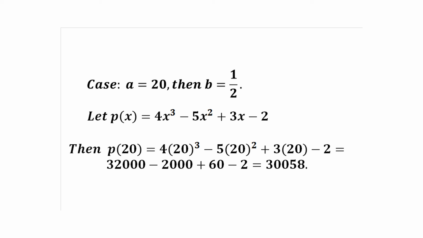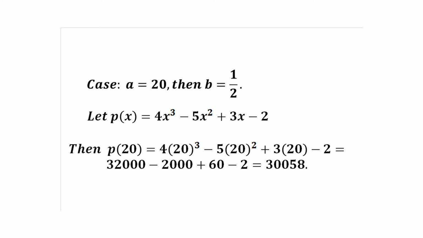Here we have the case a is equal to 20, and then b is equal to half. Half times 20 is 10. But we won't use the tuple approach. We'll just simply plug the 20 in. So with our polynomial that we've been using, 4x cubed minus 5x squared plus 3x minus 2, we have p of 20 is 4 times 20 cubed minus 5 times 20 squared plus 3 times 20 minus 2.